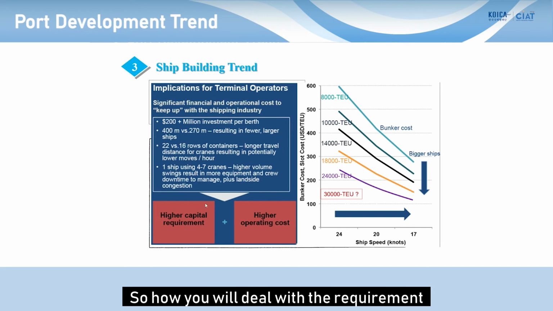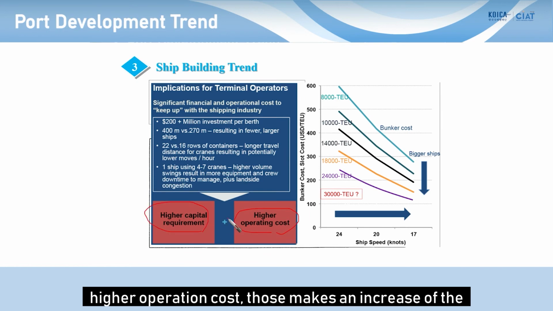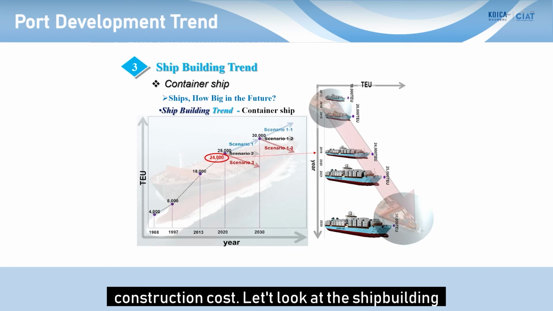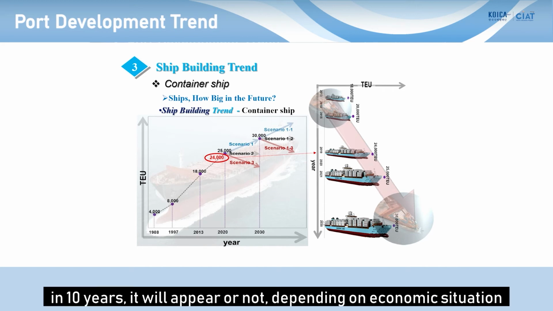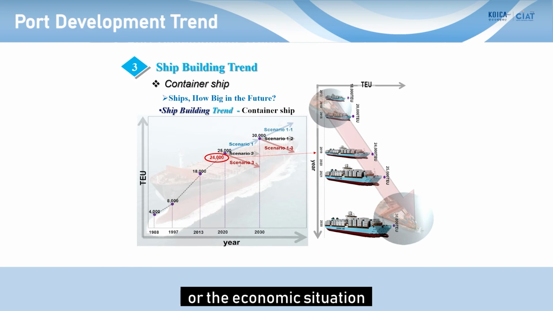So higher capital requirements and higher operating costs both increase the construction cost. Let's look at the shipbuilding trend. As I mentioned, 24,000 TEU container ships are already in service now. We don't know whether 30,000 TEU will appear after 10 years. It will appear or not depending on the world economy situation.